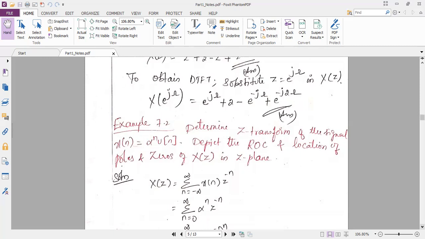And Z transforms are better than DTFT because Z transform can be easily used to draw the structure of the system. Structure of the system you will be studying in detail next year. Or let me see whether in this module they have given any problems for drawing the structure. So that time you will understand it better.